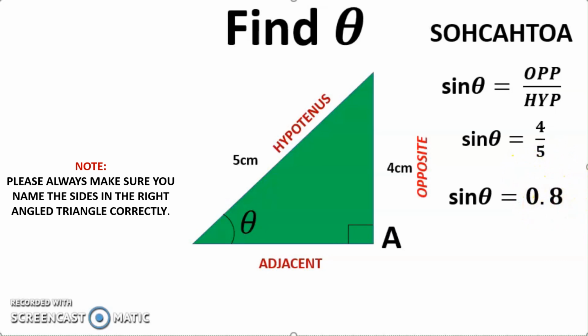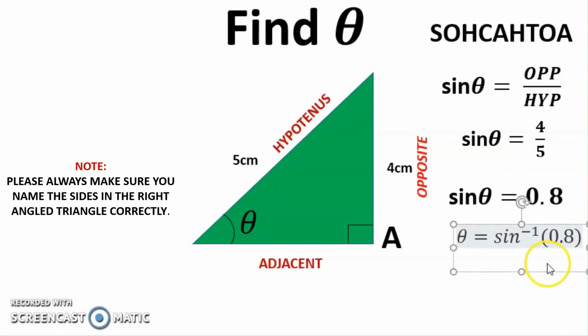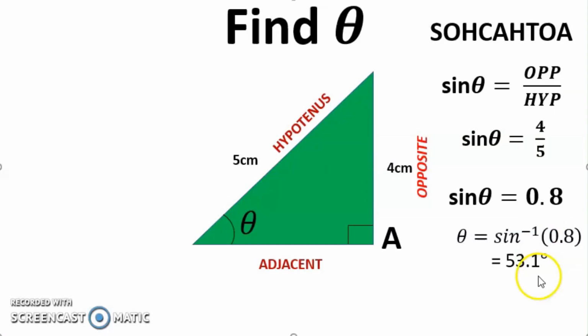The sine inverse of 0.8, if you get it rightly, will be 53.1 degrees. Please, since theta is an angle, don't forget to put your degrees. Very, very important.